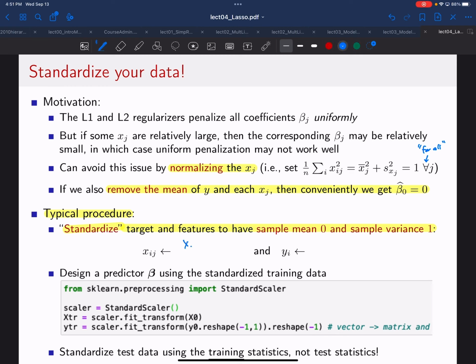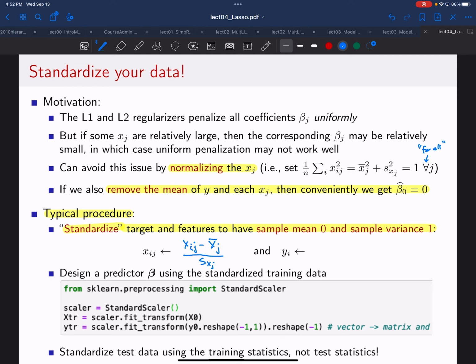You take the value xij from your data set, you remove x bar j from it, so you're shifting it. So now the new shifted features are 0 mean. And then you're going to divide by the standard deviation. Once you do that, these new features, scaled and shifted features, are 0 mean and sample variance 1.